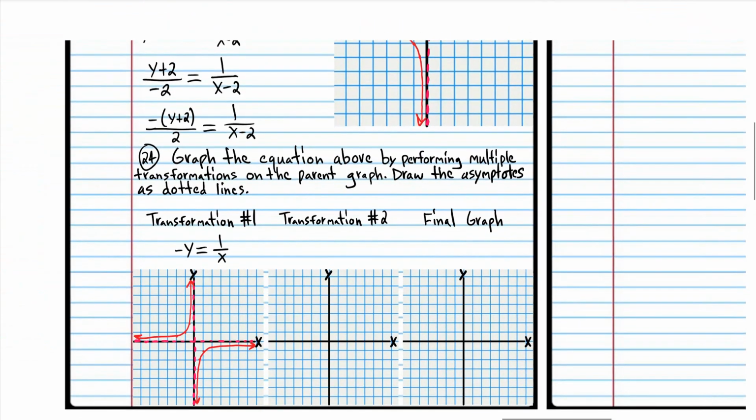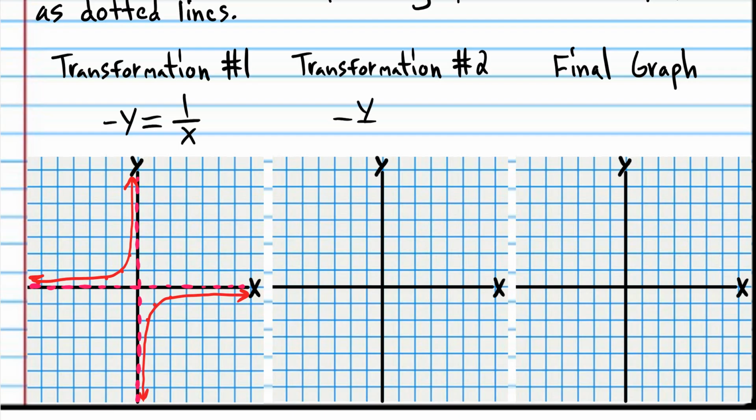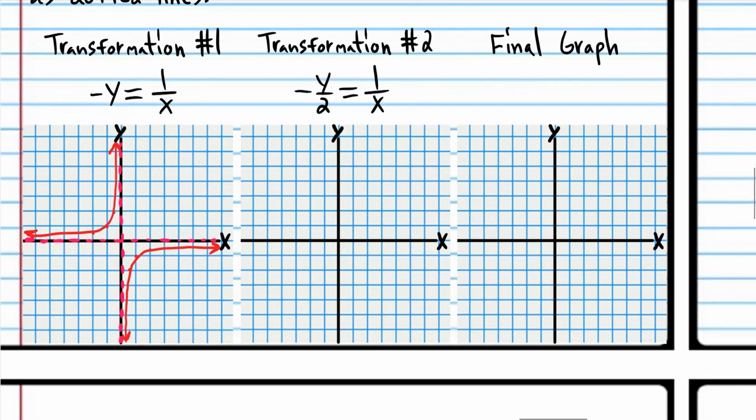And then I'm going to divide y by 2. So we have negative y over 2 is equal to 1 over x. So I'm multiplying all the y values by 2.